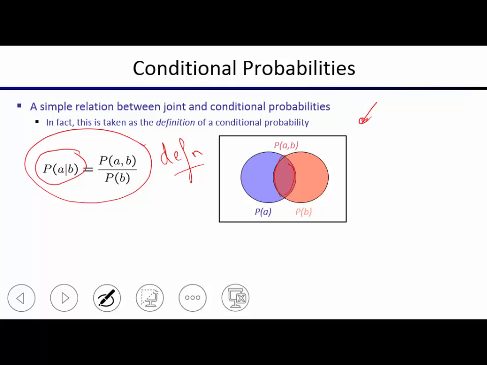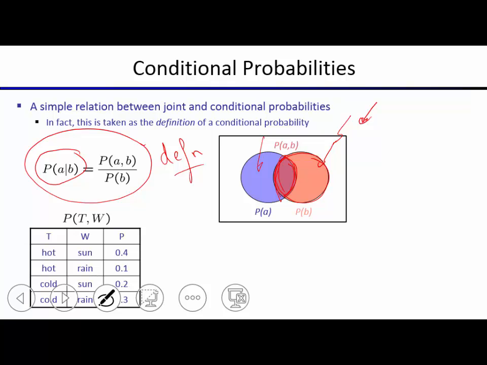Everything that's left white has A false and B false. Everything in the blue area has A true but B false, and everything in the red area has B true but A false. So pictorially, you're computing the area taken up by the intersection and dividing it by the total area taken up by the event B. That's the fraction of the time that A and B are true when we already know we're in the set where B is true.